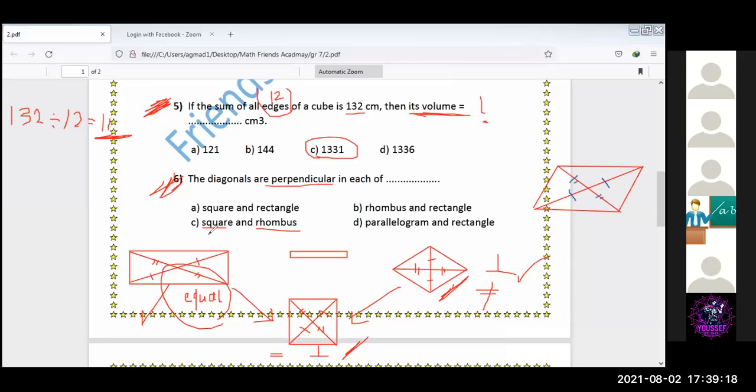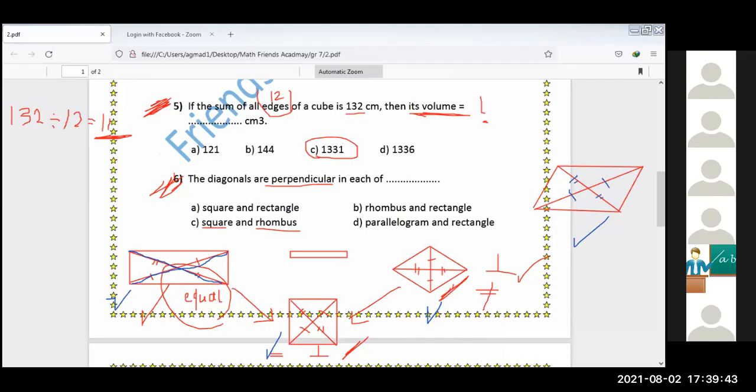But in the rectangle, look here, equal. What the meaning of equal? All the line segments equal the second line segment. You got it, dear? All the parallelograms. What the meaning of the parallelograms? Parallelogram, rectangle, square, rhombus.